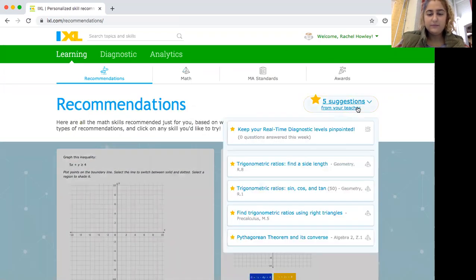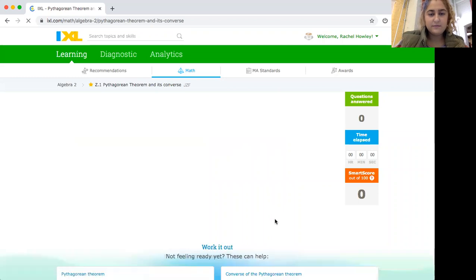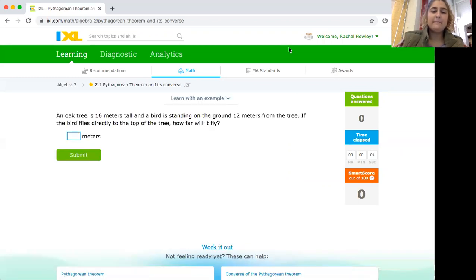let's say I want to do Pythagorean theorem and its converse. I remember that Pythagorean theorem is a squared plus b squared equals c squared. And so if this is a word problem, we're going to highlight what's important and we are going to draw it out. So an oak tree is 16 meters tall and a bird is standing on the ground 12 meters from the tree.